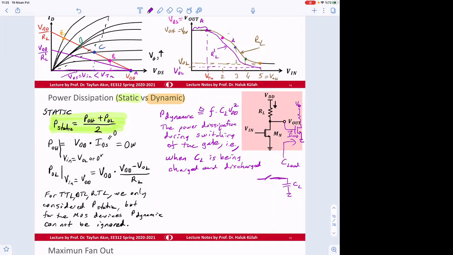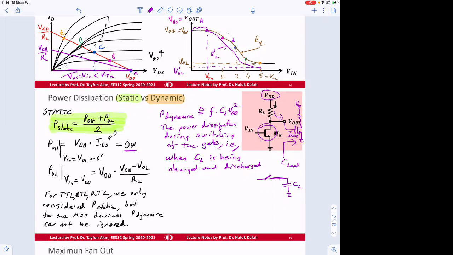Let's say this transistor becomes off, but you still need current to come and charge that C load. In static power, we say this is 0. But while this is charged up to VDD, there is current. So that current times VDD is going to create our power dissipation.